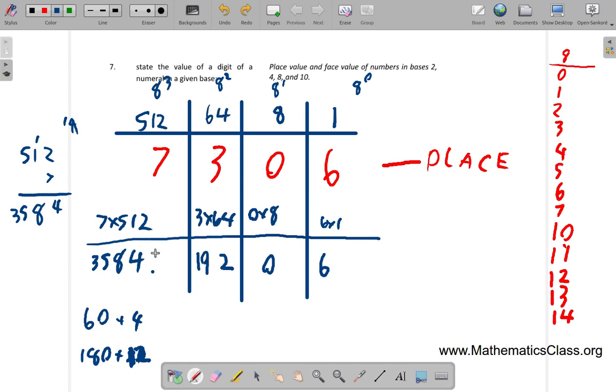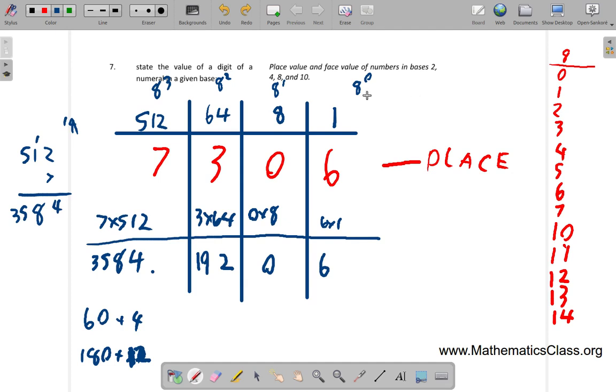So we have 192. The place that we put the 7 here, the value of it generally is 512, so the place value of the 7 is 7 by 512, which is 3584. Alright, so those are the face and place values of a base 8 number.